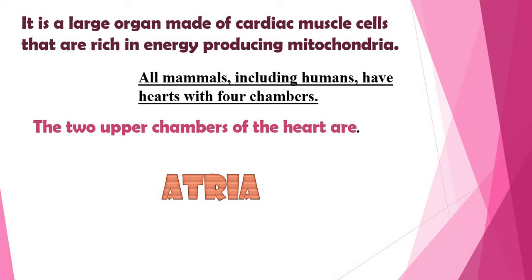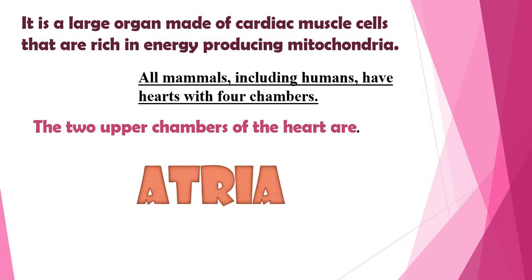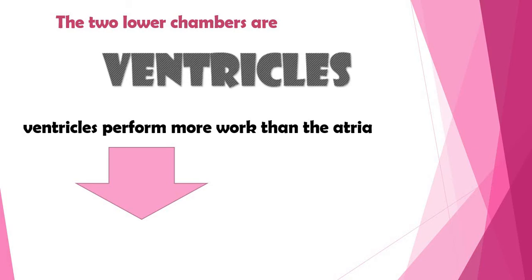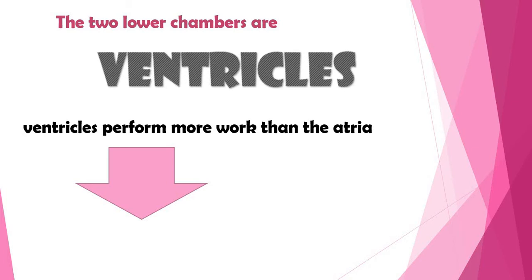The 2 upper chambers of the heart are called atria, while the 2 lower chambers of the heart are called ventricles. Again, the upper chambers are called atria, the lower chambers are called ventricles.